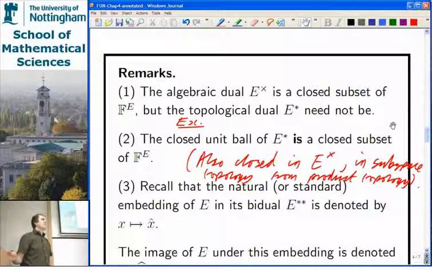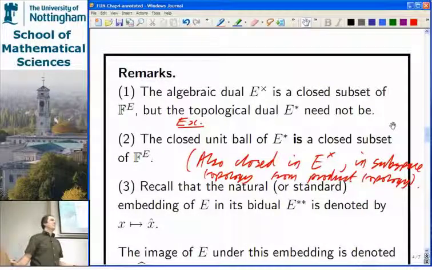So that's a bit of a surprise. So E cross is better here than E star is, but the closed unit ball of E star is okay.